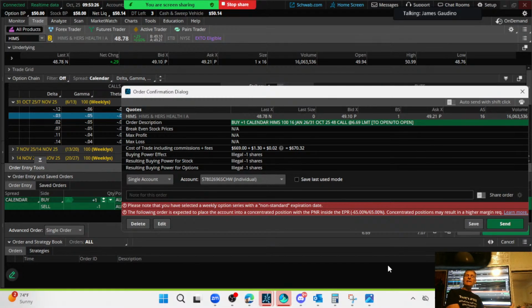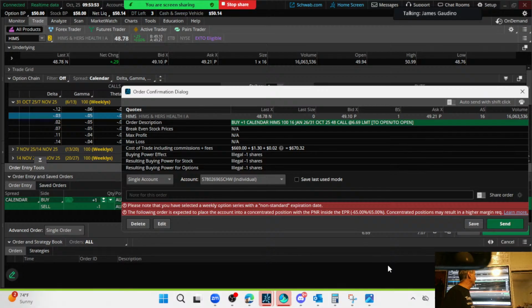Well, that's more than 90 days away. So the value of this option is not going to go up and down a lot based on the movement of the stock. As the stock moves, yeah, it'll move also. But there's no time decay at 90 days. Well, there is, but it's so small, so minimal, it barely even counts. So we're buying January, and then we're selling this coming Friday, the 31 October.